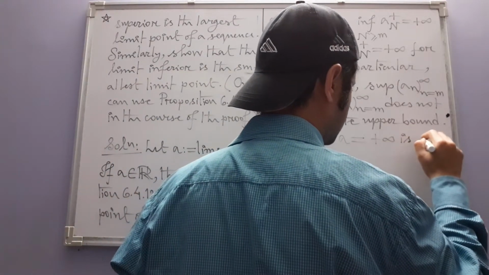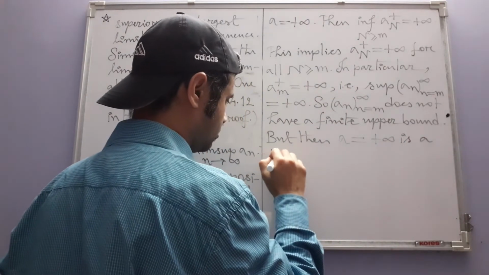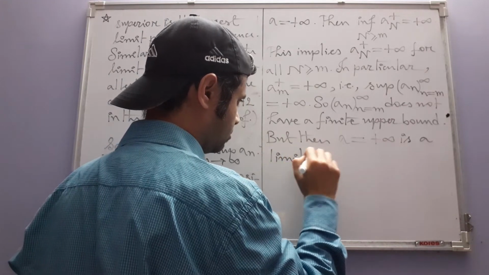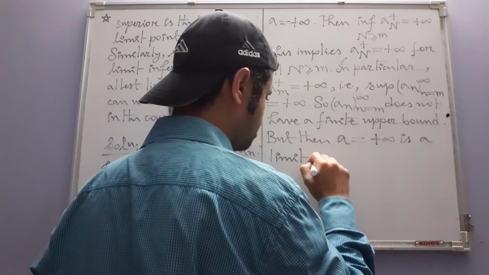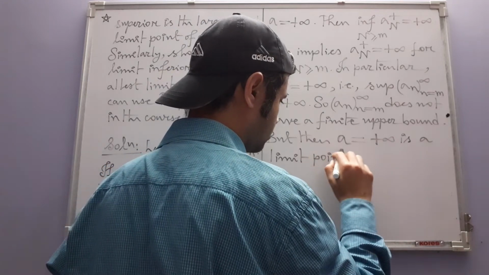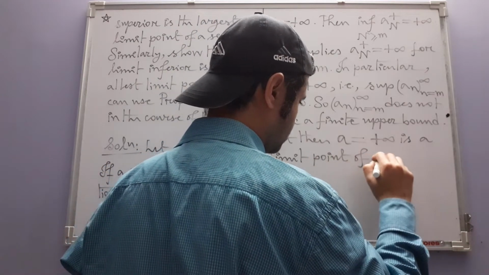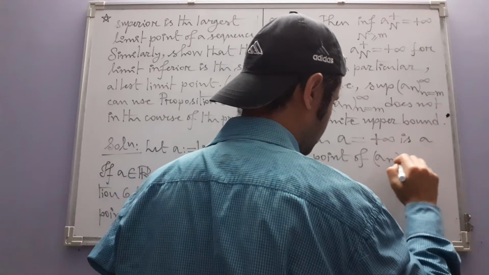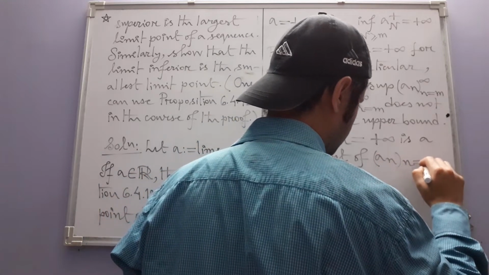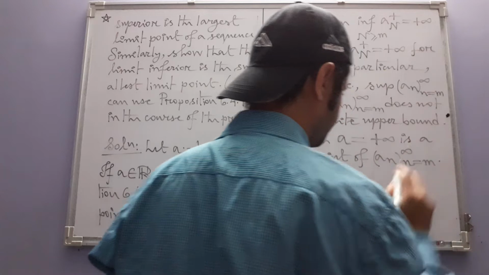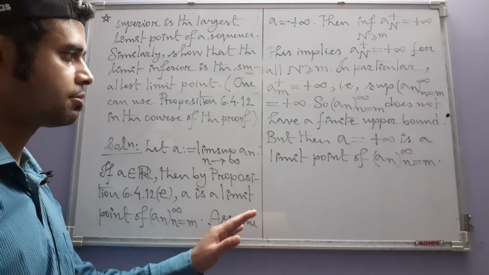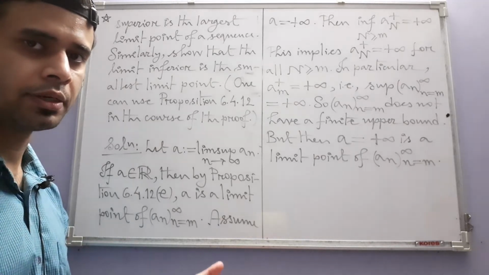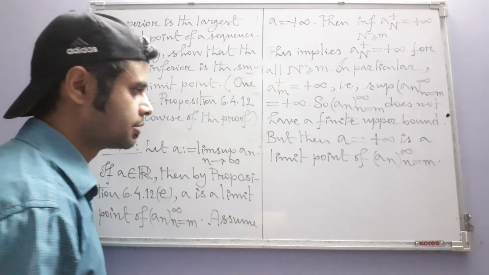This is a limit point of our original sequence. So even when the limit superior is plus infinity, that is a limit point according to our new definition.